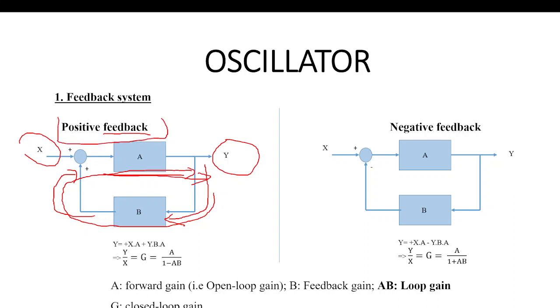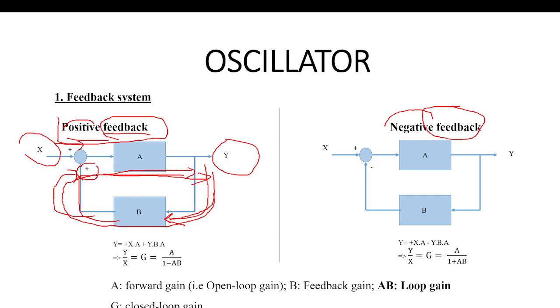As a result, we have the feedback system, but we have two types of feedback system. One type is positive and the other type is negative. Why do we call a type positive? Because when we take the output and go to the feedback system, its contribution is added to the input signal.